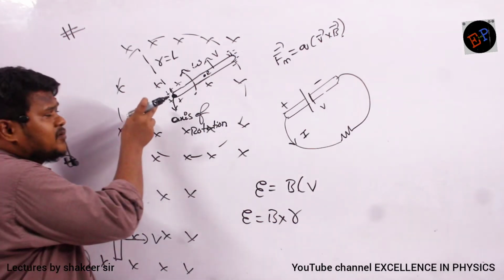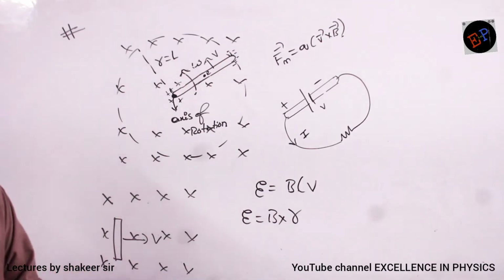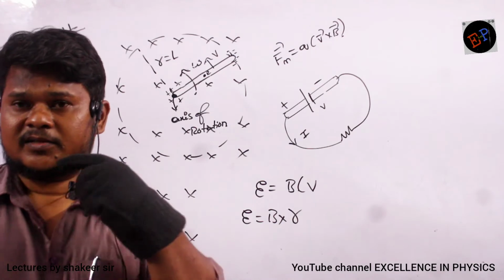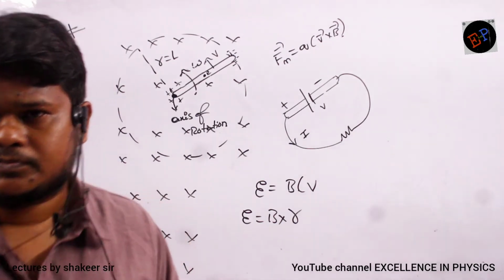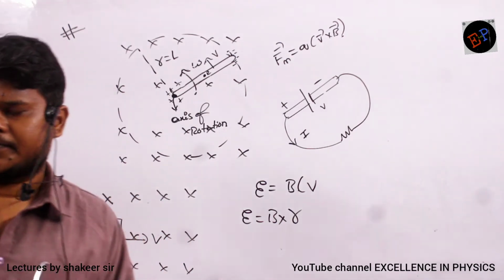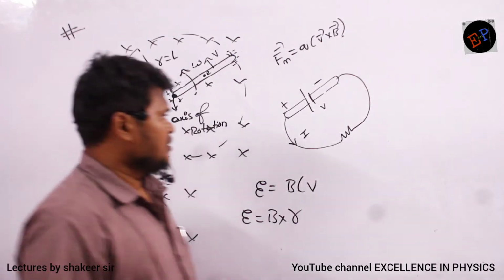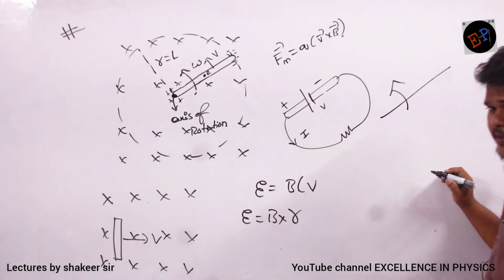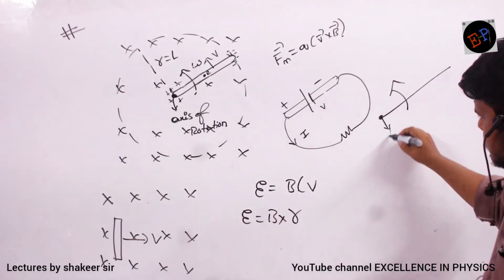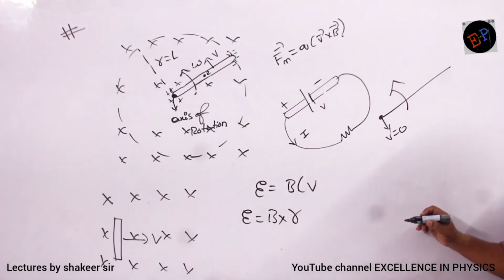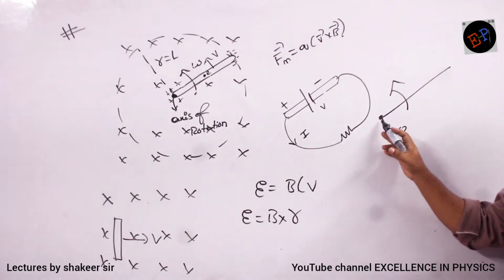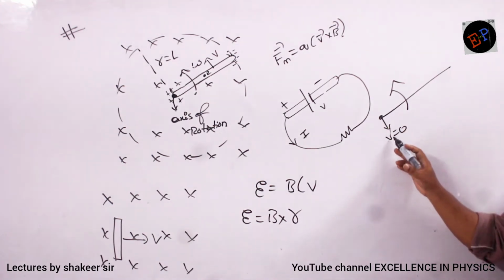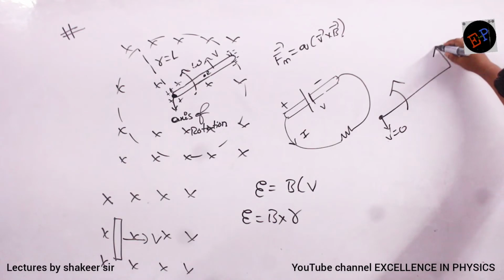Now can you say what is the velocity of this conductor? If it is rotating like this with an angular velocity omega, this point's velocity is 0, no? This is at rest position. Axis is at rest position only, no? Now this point will have certain velocity.